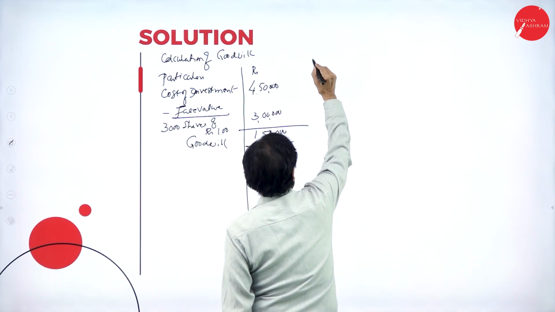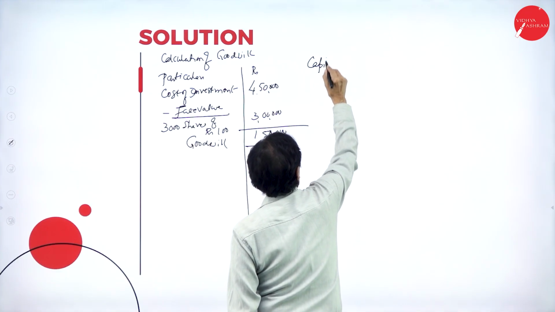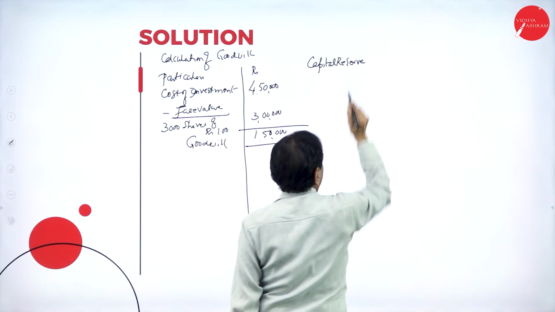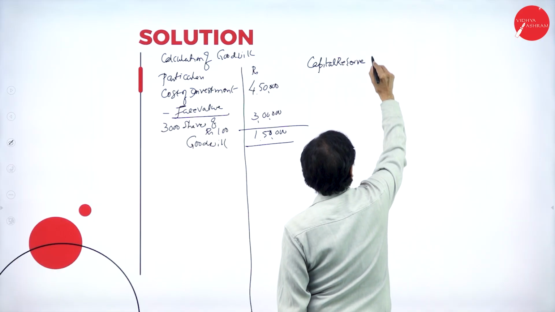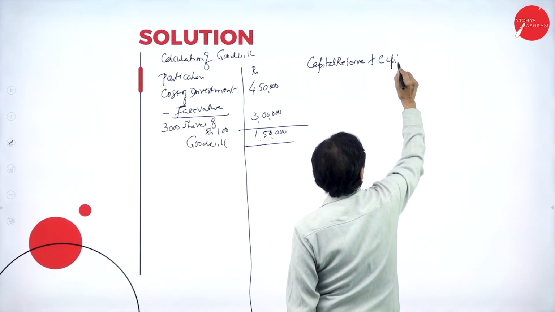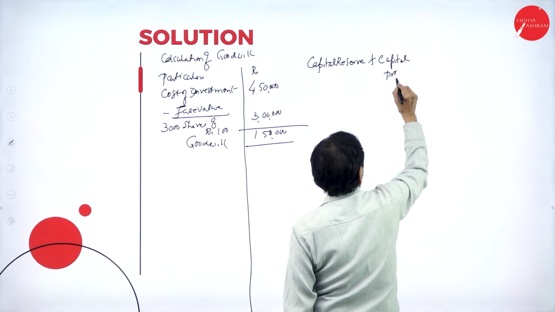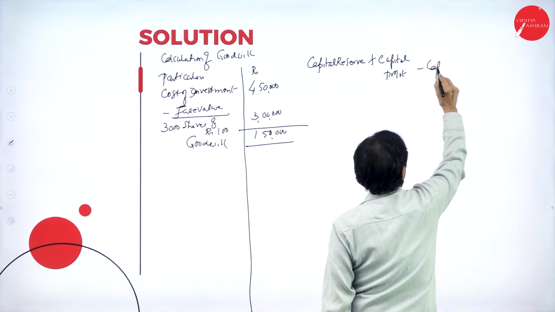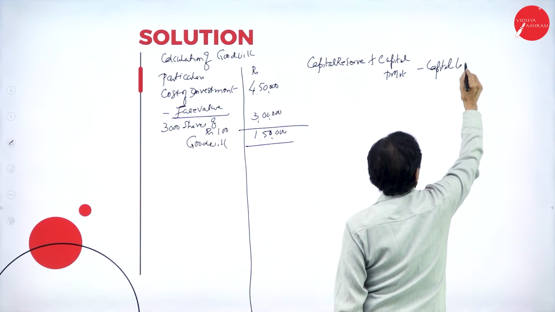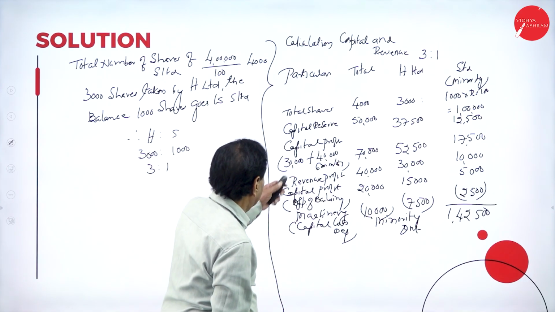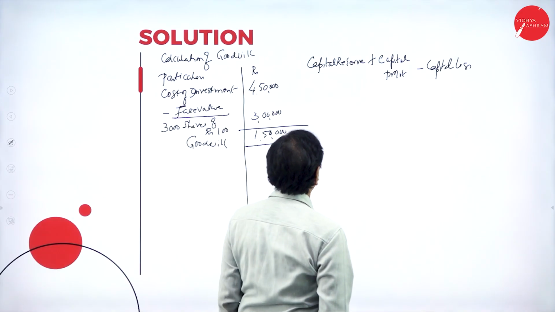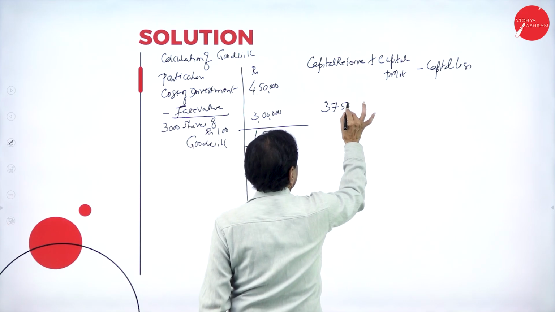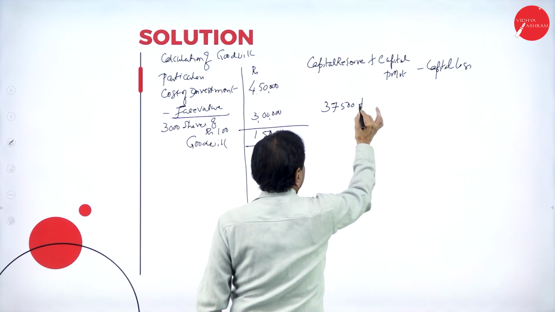Now, capital profit, capital reserve plus capital profit minus capital loss. What is your capital reserve? 37,500 plus.